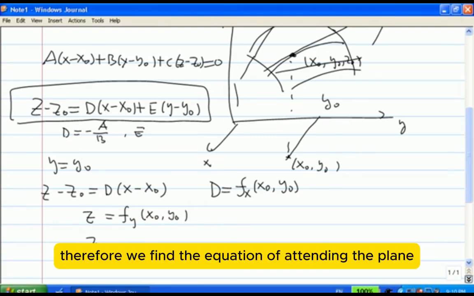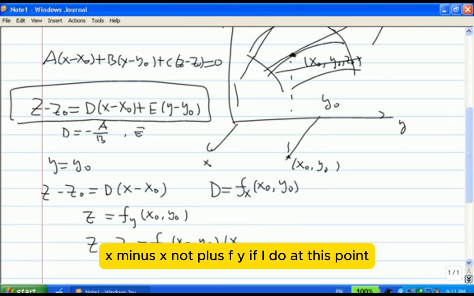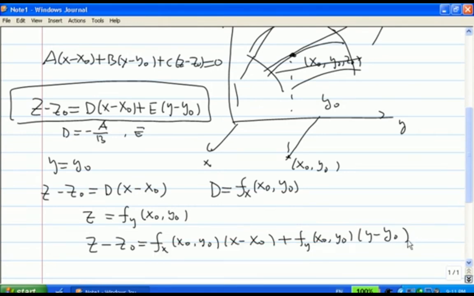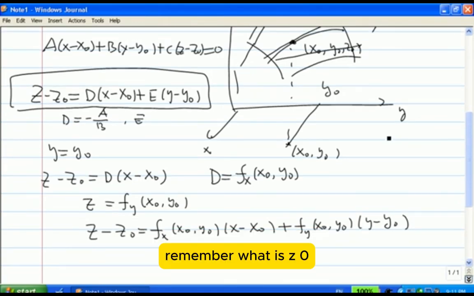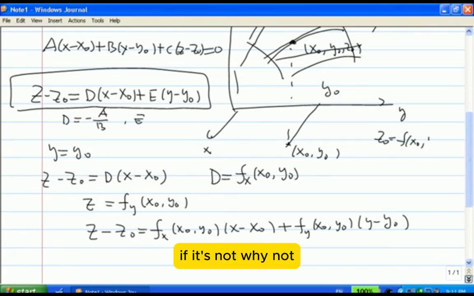Therefore, we find the equation of the tangent plane is like this: fx(x0, y0) times (x minus x0), plus fy evaluated at this point times (y minus y0). Remember, z0 is on the surface, so it is really equal to f(x0, y0).